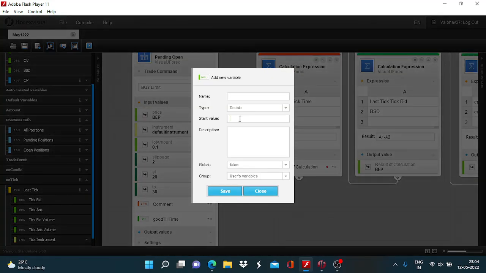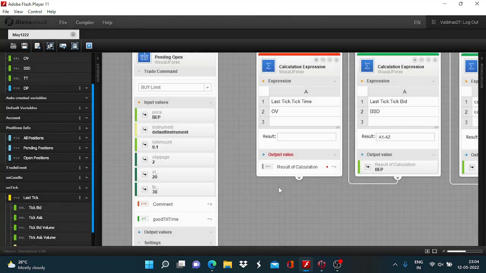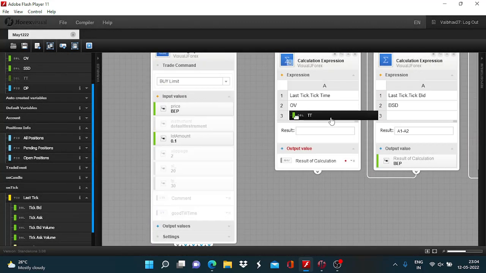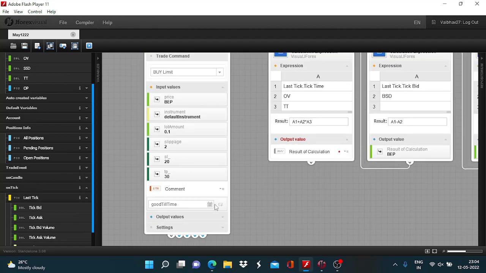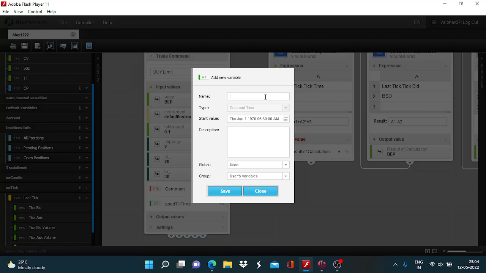So here I create another variable. And then we get this A1 plus A2 multiplied by A3, and this will be our order validity, which I will name OVT.